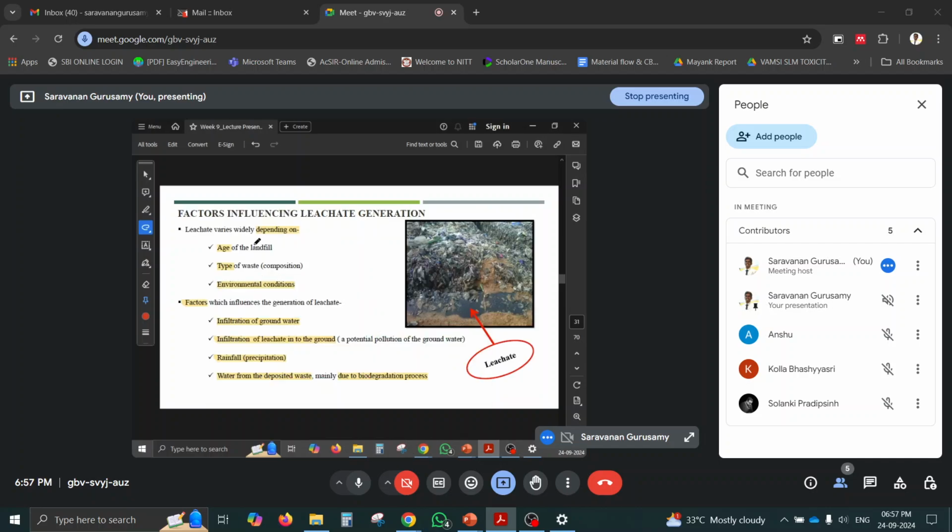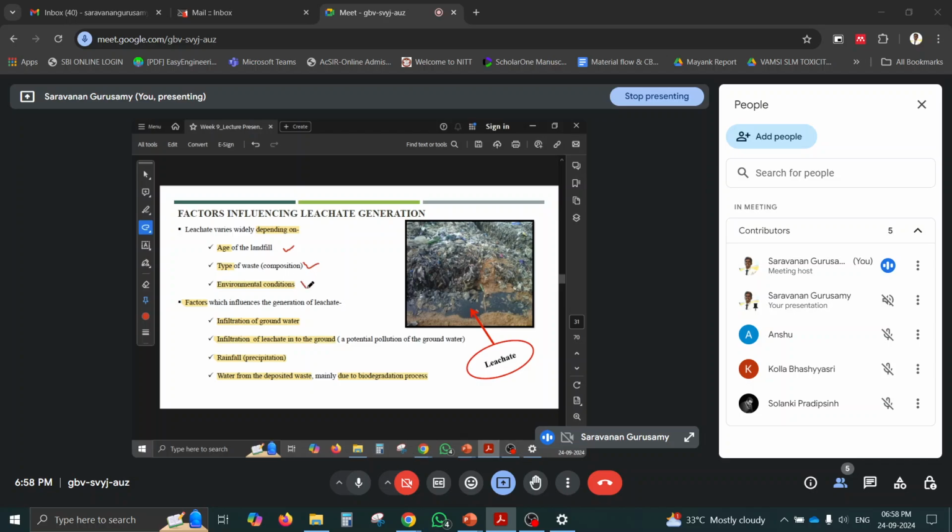Leachate quality depends on the age of the landfill. As I mentioned, fresh waste will have one leachate quality, and aged landfill leachate will have a different quality. It also depends on the type of waste, that is, its composition. Whenever lots of organics are present in the solid waste, the leachate will have higher COD. If the landfill has only plastic, textiles, and rubber inert waste, the leachate will have fewer organics, that is, lower BOD and COD.